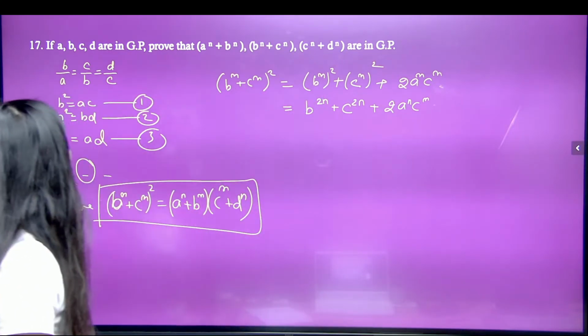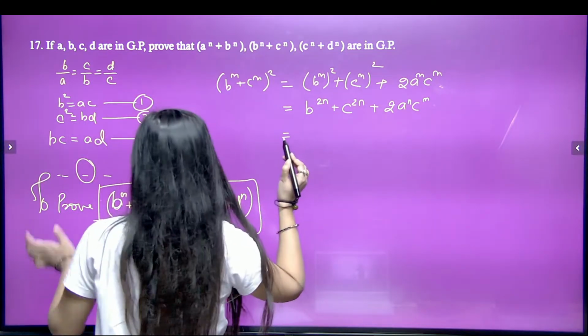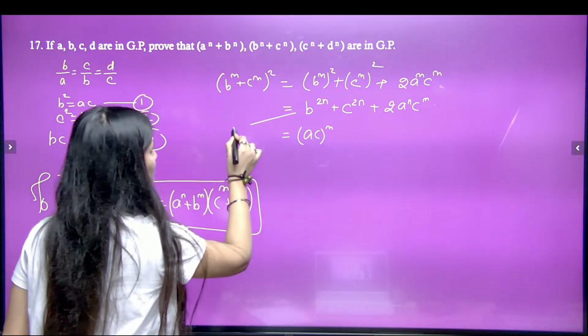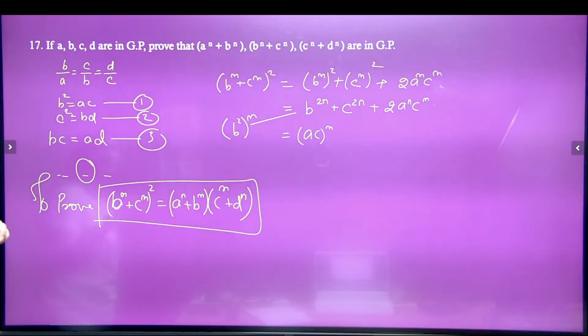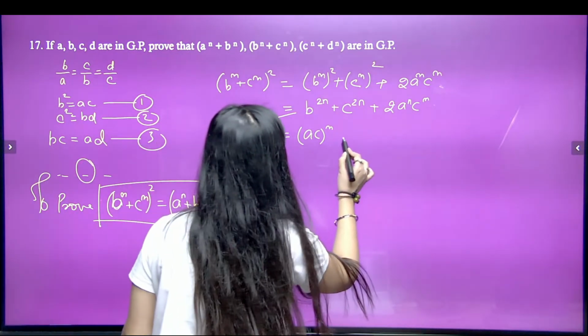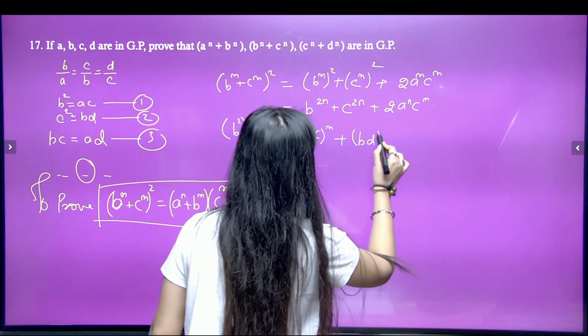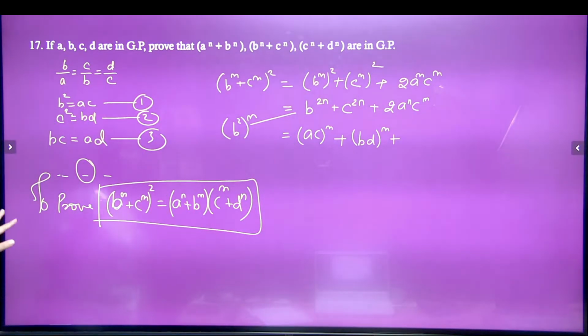So we have the value of b square, isn't it? So I can write the value of b square as ac to the power n, since it is b square to the power n, isn't it? So I can write b square as ac from equation 1. Similarly, what can I write here? c square is bd to the power n, plus a and c.